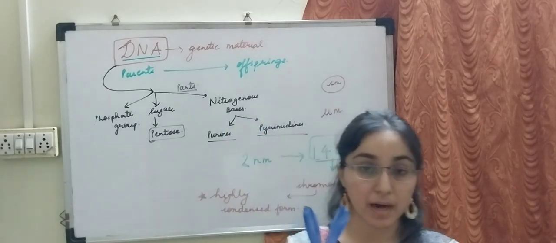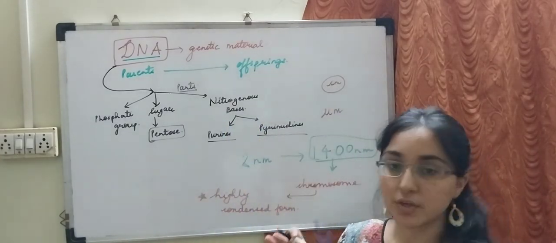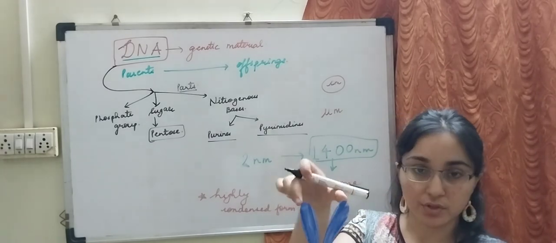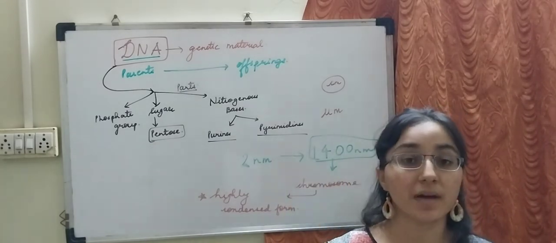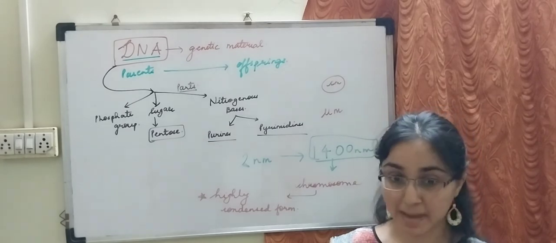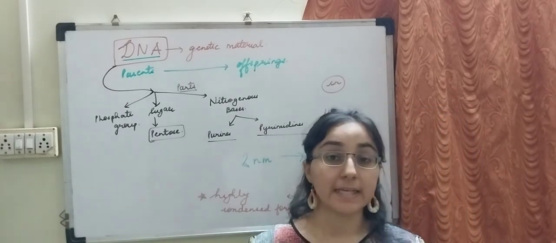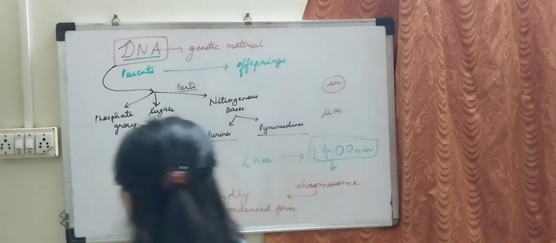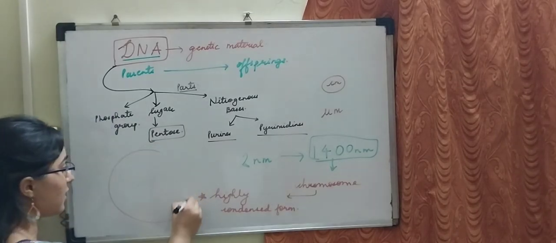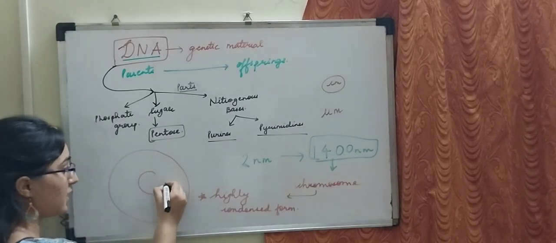So this is about the DNA, 2 nanometer, and this thickness will be 1400 nanometer. Just imagine it is so small. It is so small that in a cell, this is a cell, in the cell we have a nucleus.